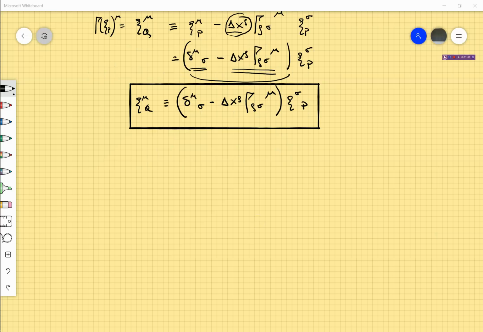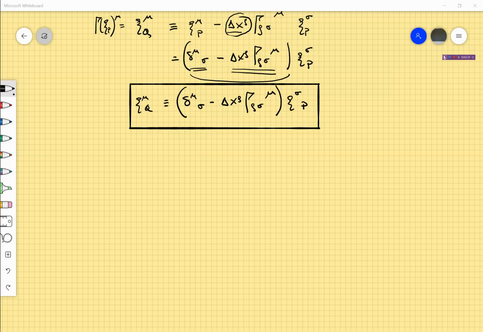Here we have to emphasize that this is a purely arbitrary definition that satisfies certain properties. For instance, it coincides with the notion of parallel transport that you have in Rn. In Rn, this connection just vanishes and you move vectors parallel to themselves. You consider that they are defined at any arbitrary point, so no matter what p and q are, psi mu at q and psi mu at p are the same.